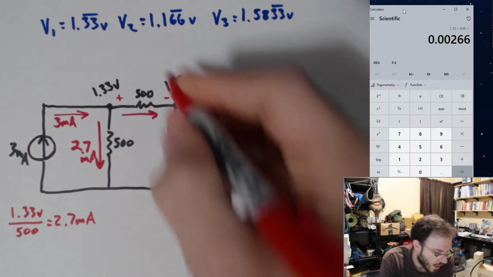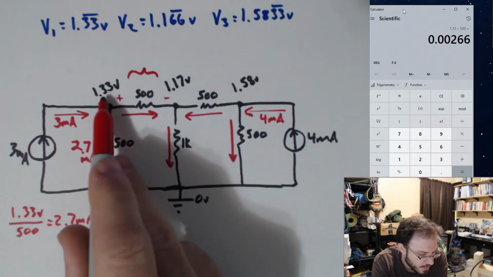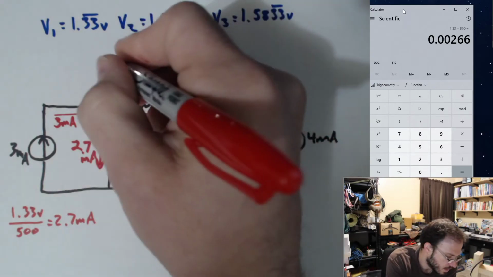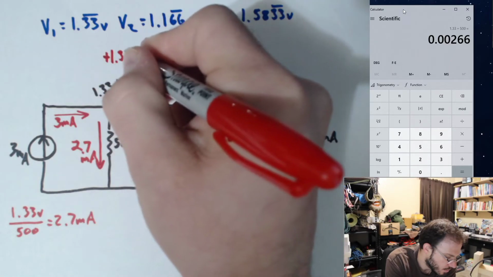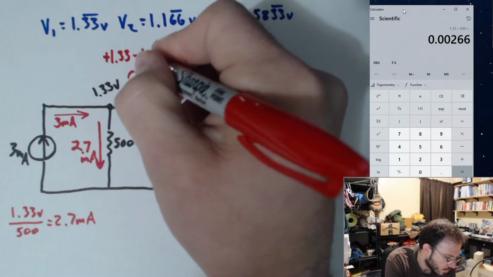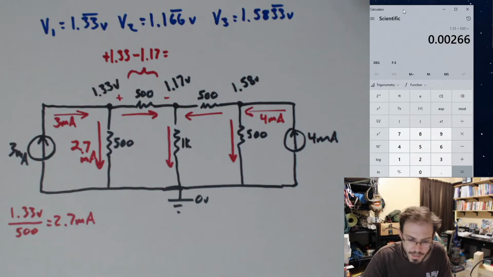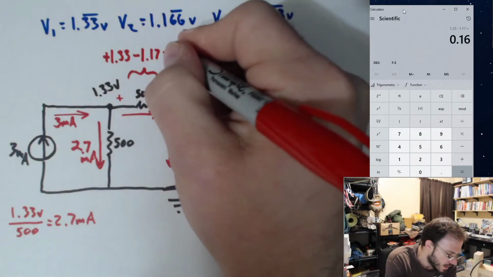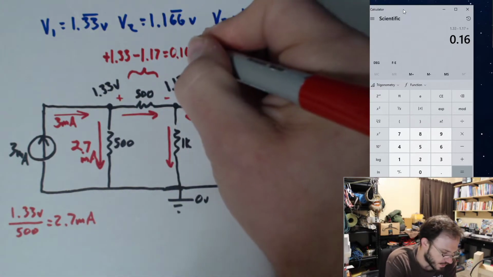If I want to know the voltage drop across this 500 ohms, I can just say plus 1.33 minus 1.17, which gives us 0.16 volts.